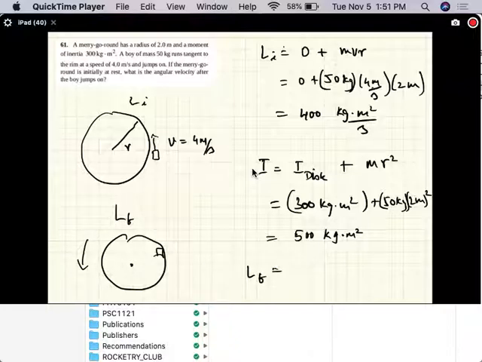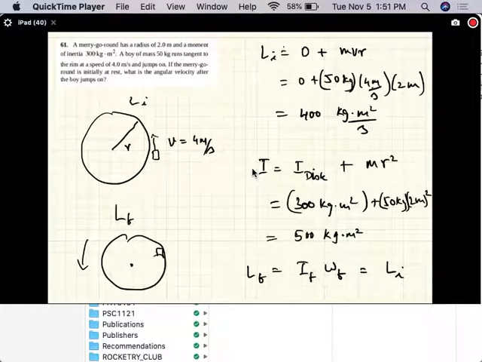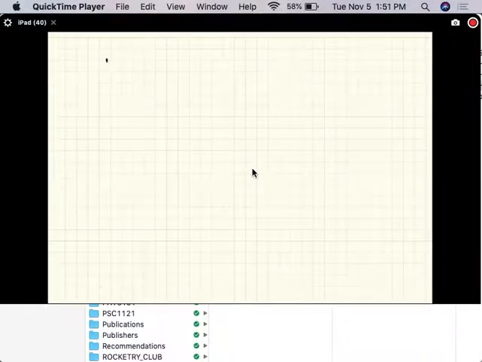And L final is I final times omega final, and that of course should equal L initial. So from here, omega final.